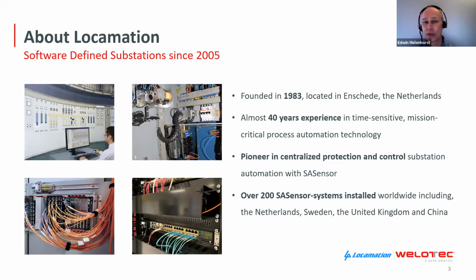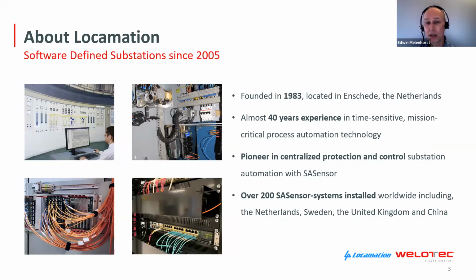Locamation was founded in 1983 in Enschede in the Netherlands. And during the last 40 years, we have built a lot of experience in time-sensitive mission-critical process automation technology. Locamation has also proven to be the pioneer in centralized protection and control substation automation with its SAS sensor solution.